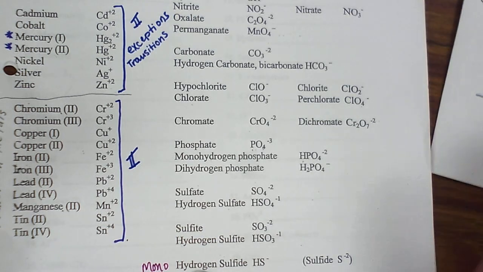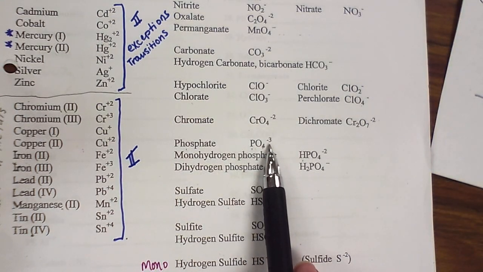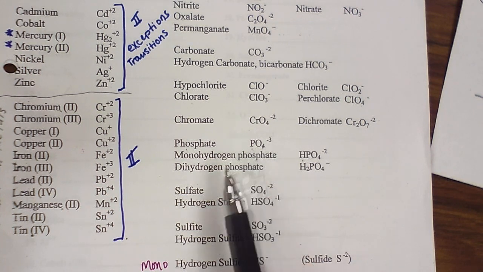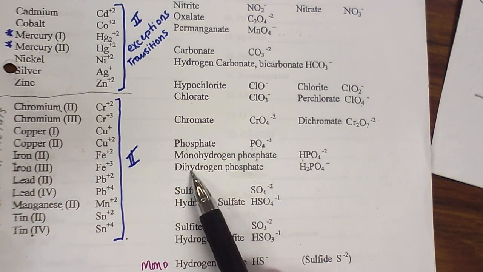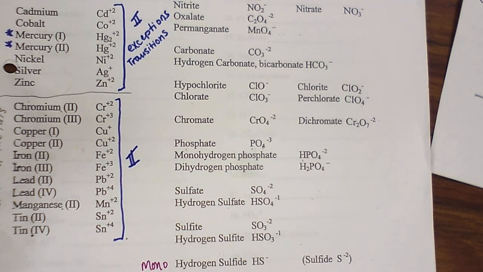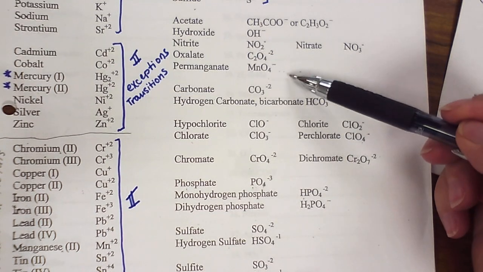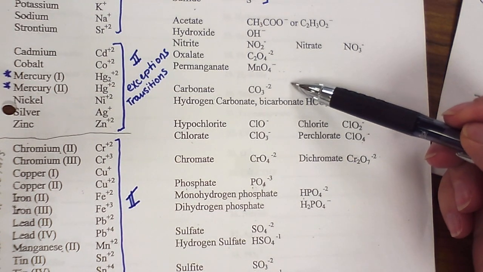And the reason is because right here with phosphate, where we have a minus 3 charge, we can use 1, or we can even use 2 and still have ions left over. So we need to be able to say 1 hydrogen or 2 hydrogens. Okay? So hopefully this will help to learn these ions. All right?